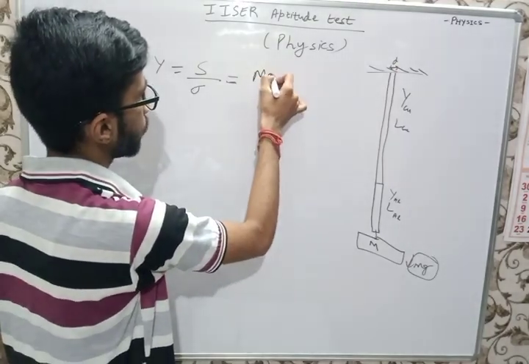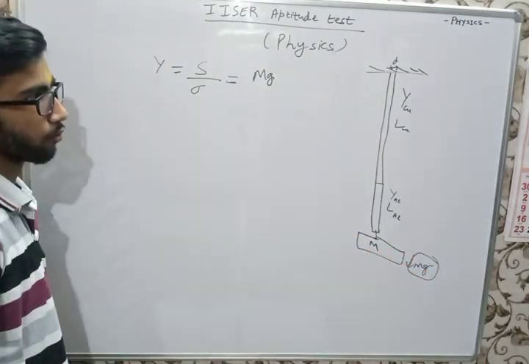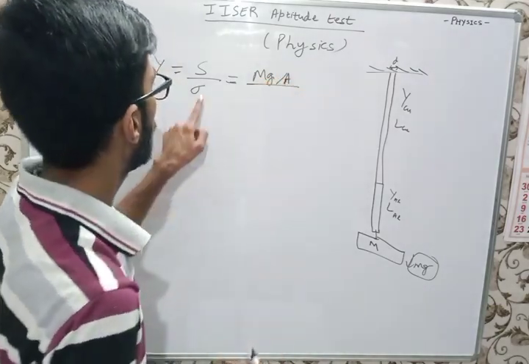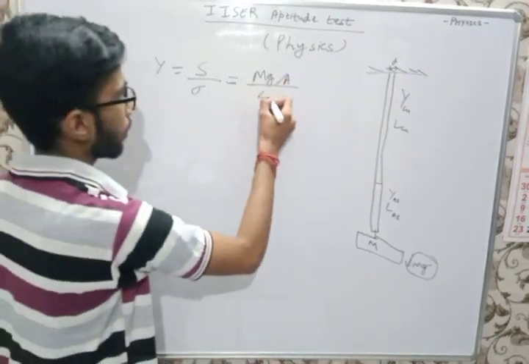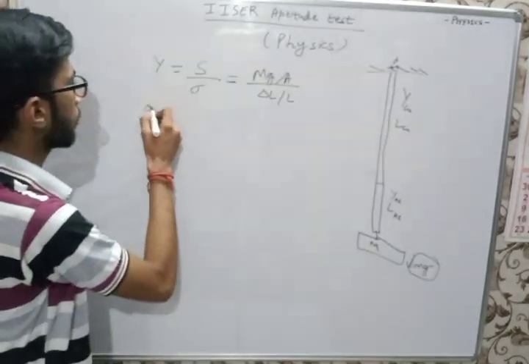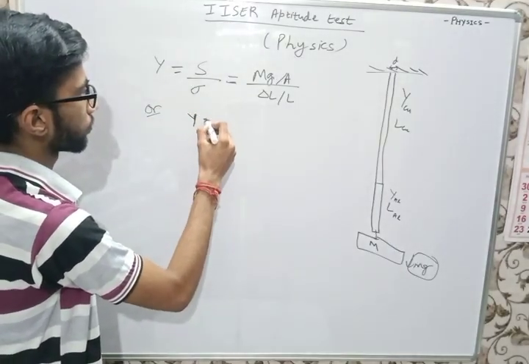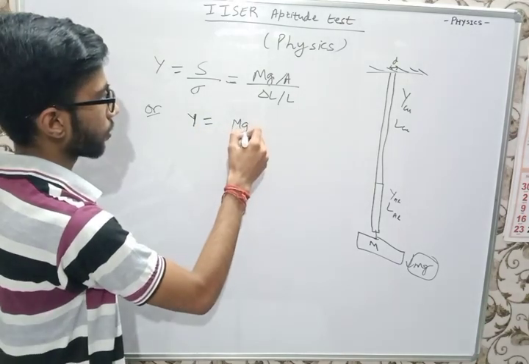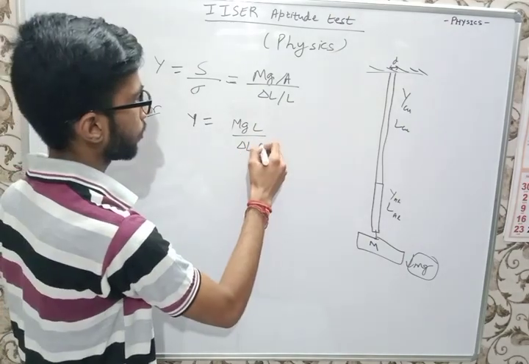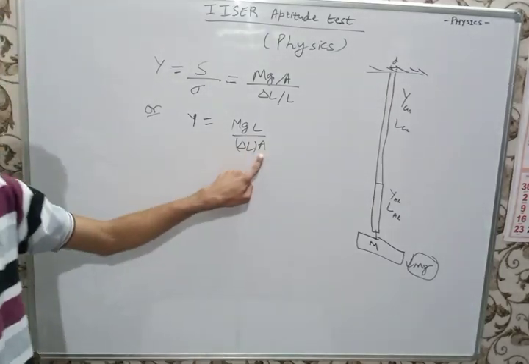In the limiting case, it is simply load, mg, over the area of cross section A, and longitudinal strain is delta L over L. If you rearrange it, you will get Y equal to mgL over delta L into A.